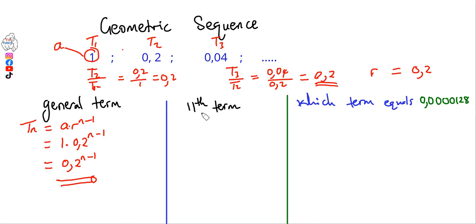Now calculate the 9th term. Let me just change this to the 9th term. In this case we are looking for T9, and we have the formula Tn equals 0.2^(n-1). So T9 is equal to 0.2^(9-1).